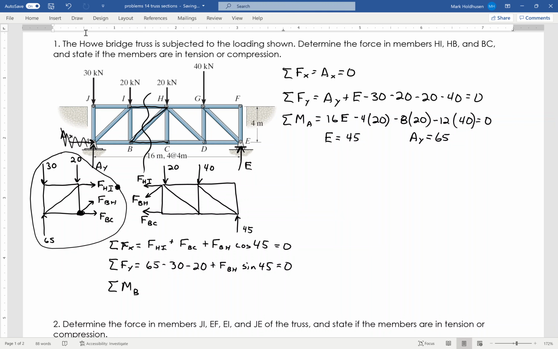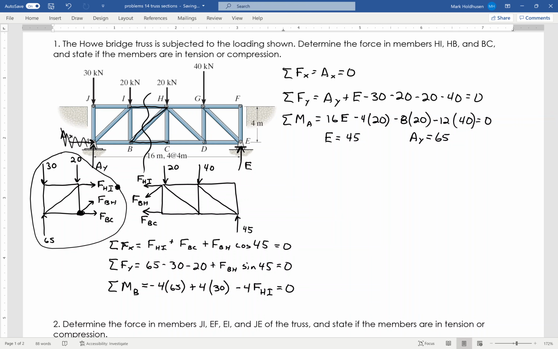So now with this one, I'm going to have negative 4 times 65, and then I'm going to have plus 4 times 30. The 20 is 0. FBC is 0. FBH is 0. So I only have negative 4 times FHI, and those equal 0.